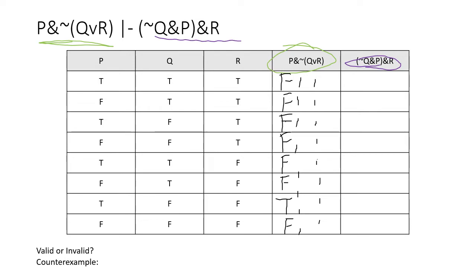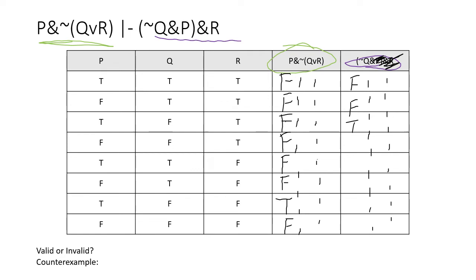Now we can do this conclusion. There are three operators here. So it looks like the tilde is just attached to the Q here, so we'll have to do that one first.